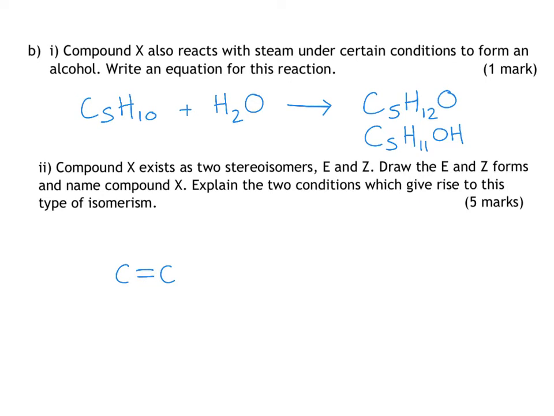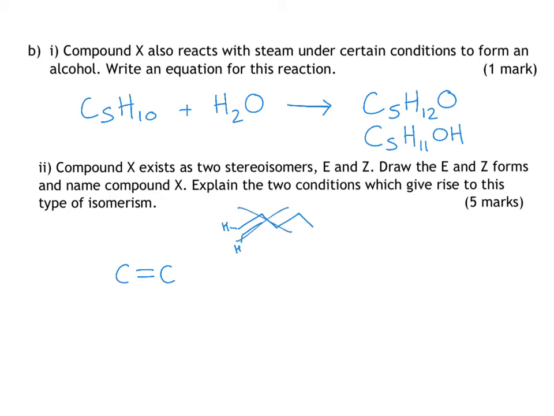I've only got 3 carbons left. I can't have pent-1-ene, so if I start trying to draw, for example, a skeletal formula, so 1, 2, 3, 4, 5, there's my 5 carbons in a row. If I were to make it pent-1-ene, then I would have 2 hydrogens on that carbon there, so that doesn't have stereoisomers.